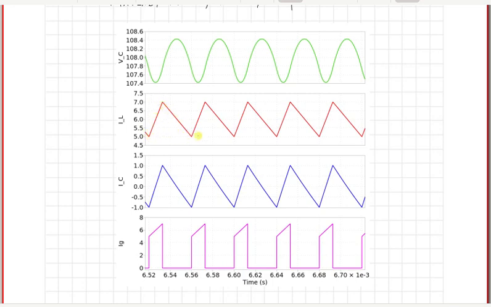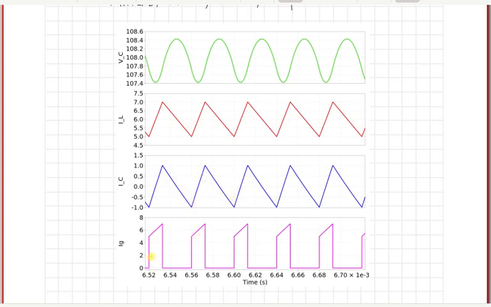That corresponds to our chosen value of current ripple, which was 2 amperes. And you can see that the capacitor current goes from -1 to 1, so that corresponds to the same current ripple that is there in the inductor current. So this, minus the average value of I naught, that is 6 amperes, is giving you this capacitor current ripple.